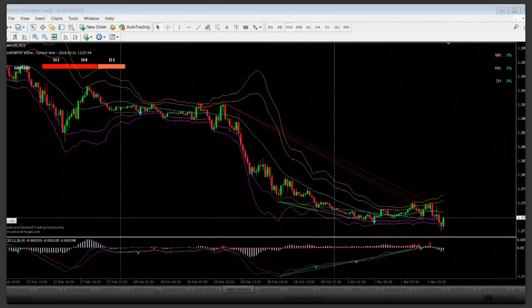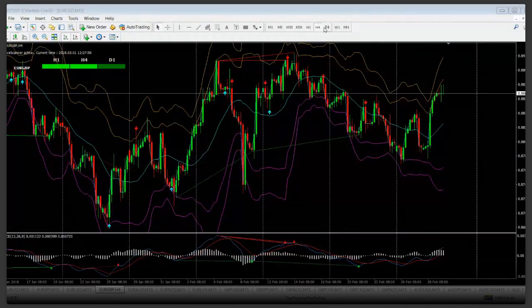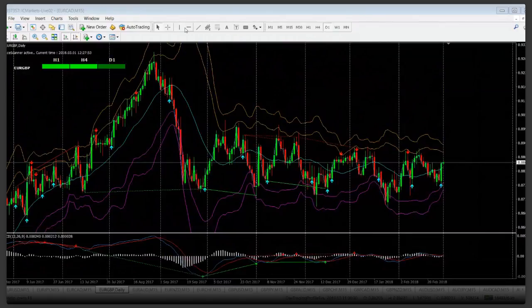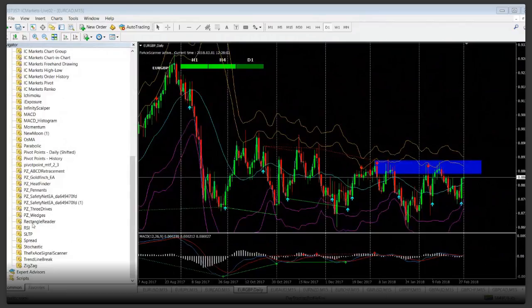Euro. Okay, let's look at this here. Where are we? 88,650. We talked about this at the start. We are just in the range.